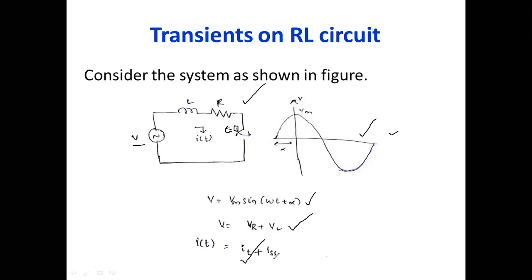The initial two to three cycles are the transient cycles, and the other is the steady state current. After the transient state has been completed, the fault has been cleared and the system enters the steady state. So finally the total current is equal to IT plus ISS, right?